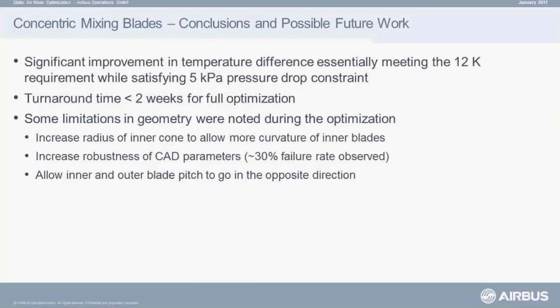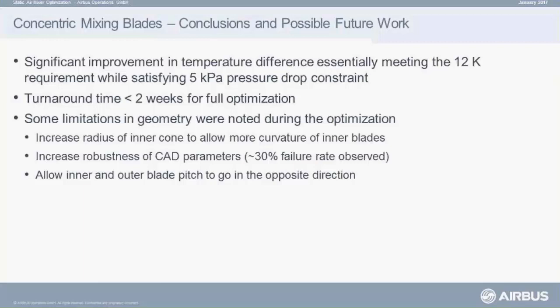And then we also saw some limitations in the geometry. So when we want to improve the whole process, it is perhaps required to have a better CAD model, because when you do a parametric model in CATIA, it is quite easy to get a constraint that is not working.